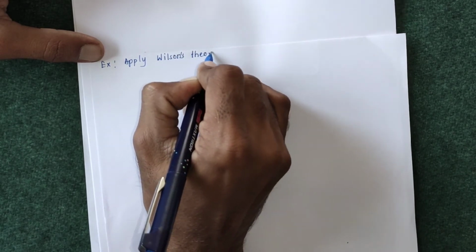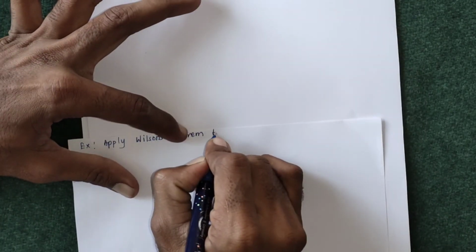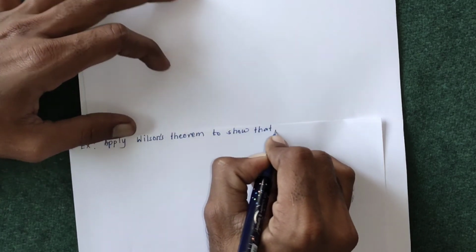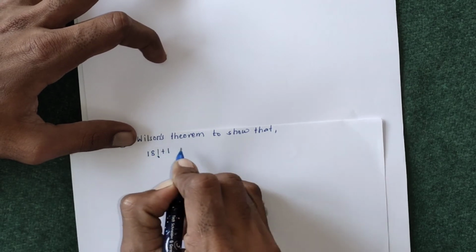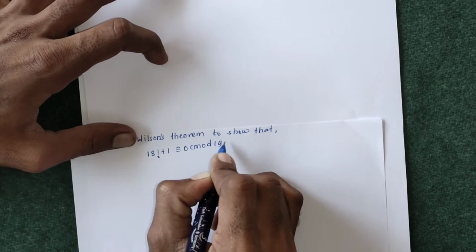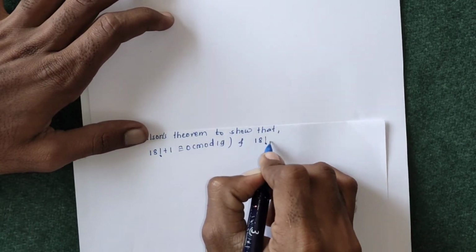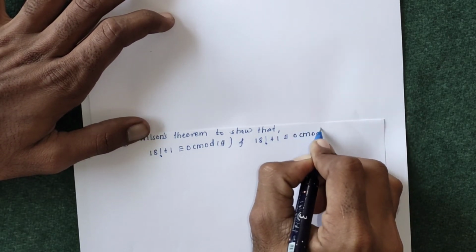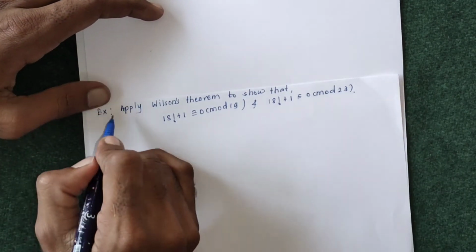Apply Wilson's theorem to show that 18 factorial plus 1 is congruent to 0 modulo 19, and 18 factorial plus 1 is congruent to 0 mod 23. This is for your homework.